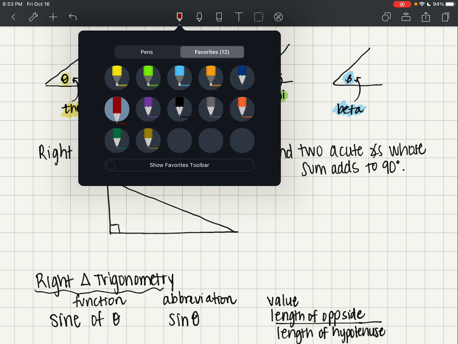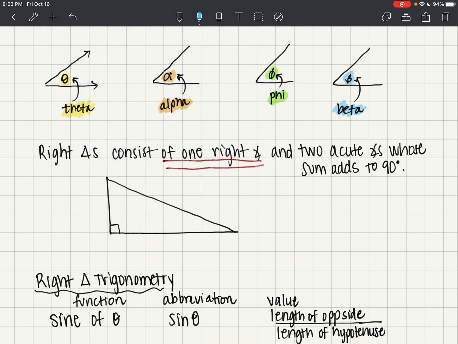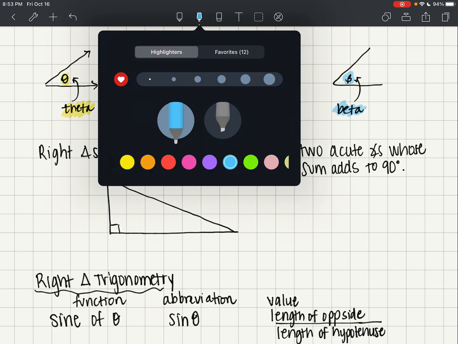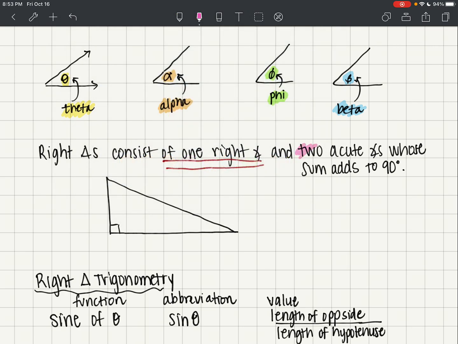This is really, really important: two acute angles whose sum adds to 90 degrees. So these would be those angles. This angle right here and this angle right here. Those two angles would add to be 90 degrees.